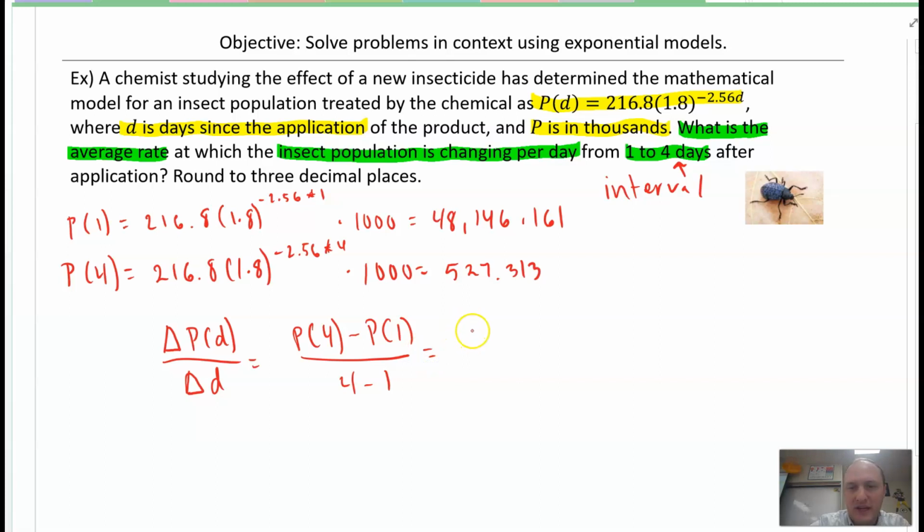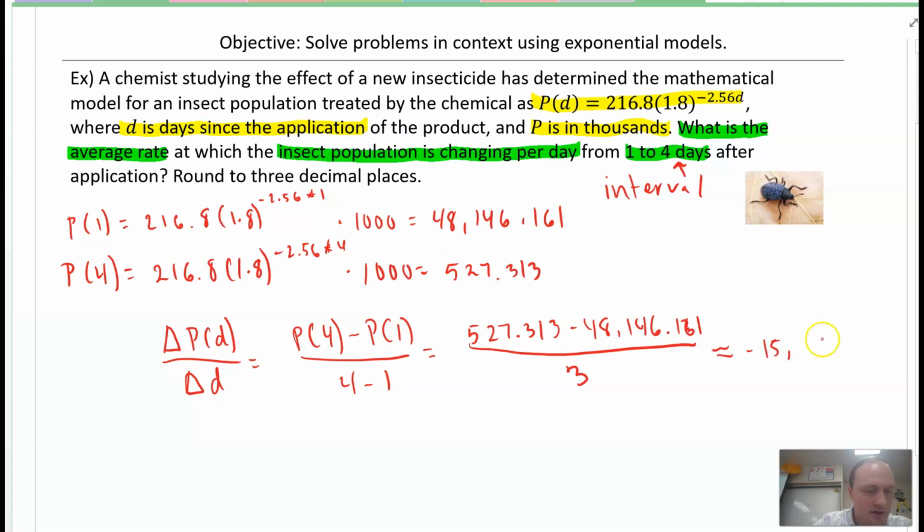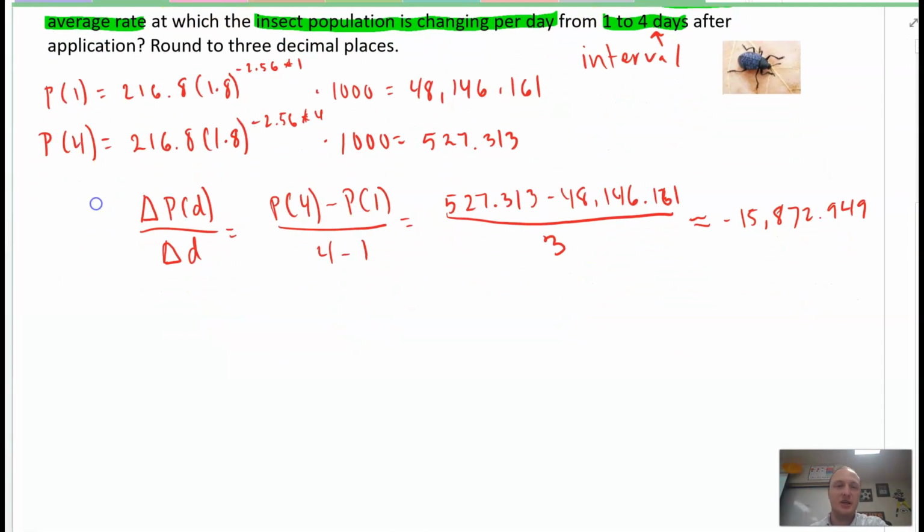Okay, so we'll plug in these values. 527.313 minus 48,146.161 over 3. Okay, and we get approximately negative 15,872.949. Okay, so that is our average rate of change.